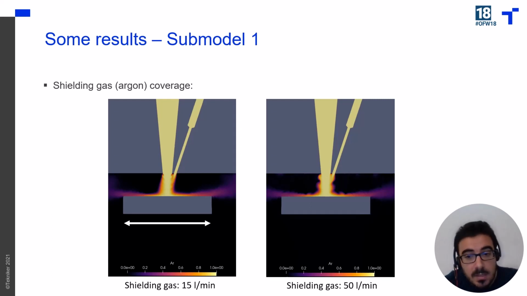So what we see in these two cross sections is that the interaction zone is well covered even when we use a lower volumetric flow rate for the shielding gas. And we can also see what we could consider to be Kelvin-Helmholtz instabilities due to the shear velocity between the argon gas and the atmosphere.